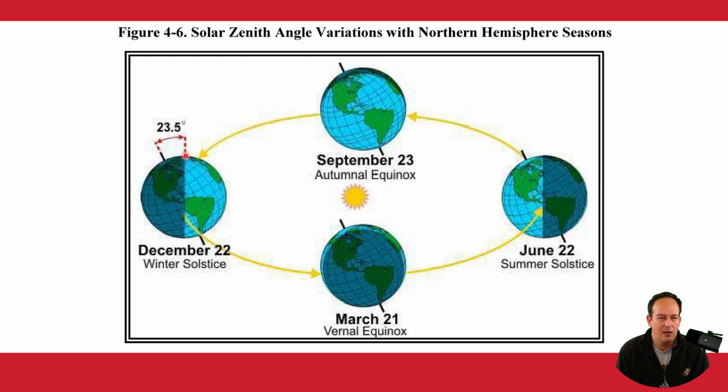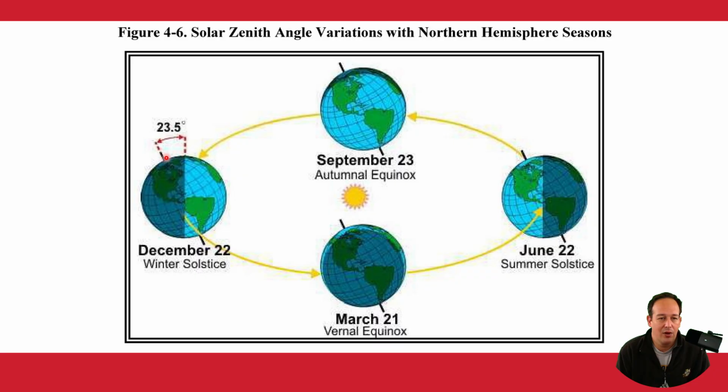hemisphere. And if you watched the last video, remember we were talking about the solar zenith angle. Because the southern hemisphere is receiving a lower solar zenith angle, it's receiving more heat energy, and therefore the southern hemisphere is going to be a bit hotter. And then during the winter for the northern hemisphere, less. There's a portion of the northern hemisphere that doesn't receive any solar radiation at all during the winter solstice.